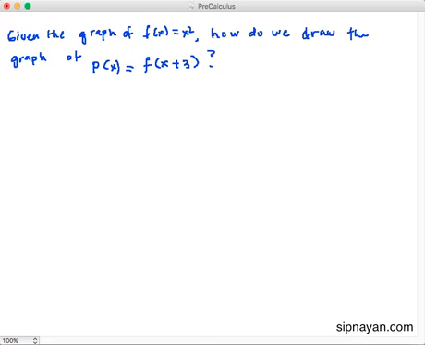So, meaning, ano ang graph ng P of X? How is it related to f of X?